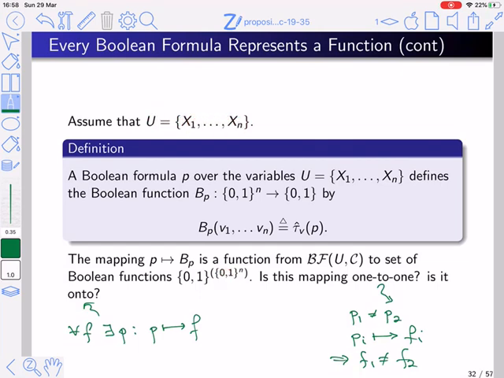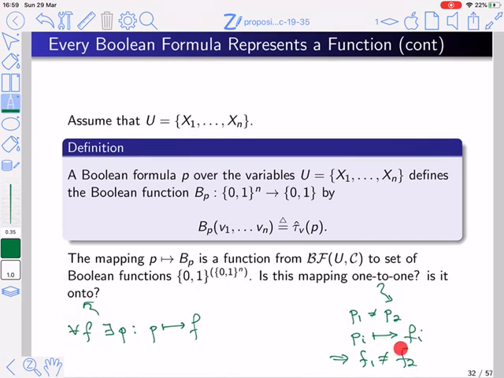Now, an interesting question is whether this mapping is one-to-one and whether it's onto. By one-to-one, I mean that if I have two formulas which are not equal, and P1 maps to the function f1, P2 maps to the function f2, I want to know whether it means that f1 is not the same function as f2.